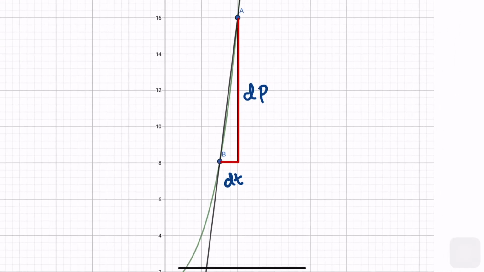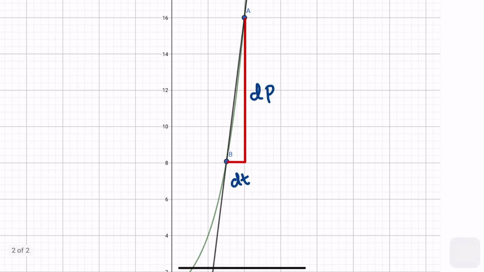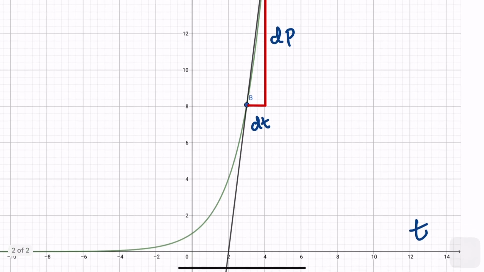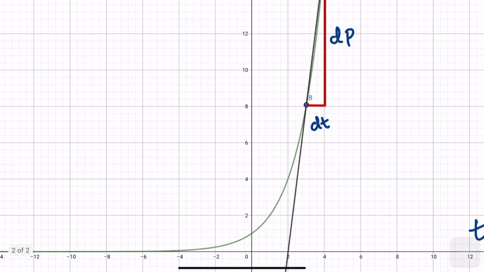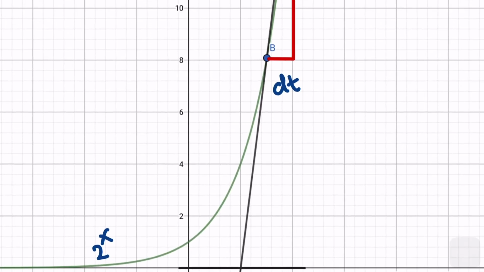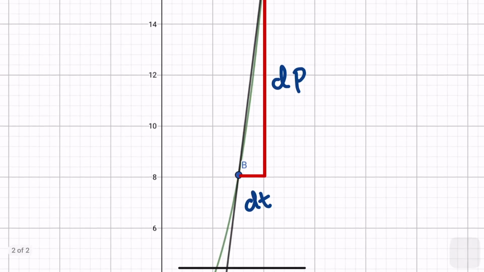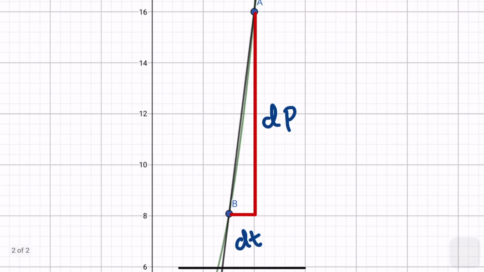But remember, because we are evaluating the derivative or the limit at every point of this function, 2 to the power of x, we also need to look at what happens when we change our a or our b here.